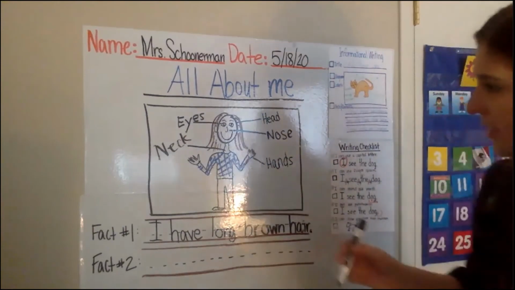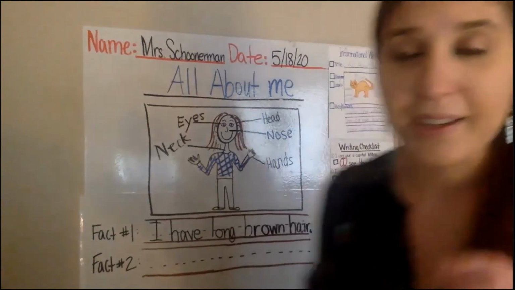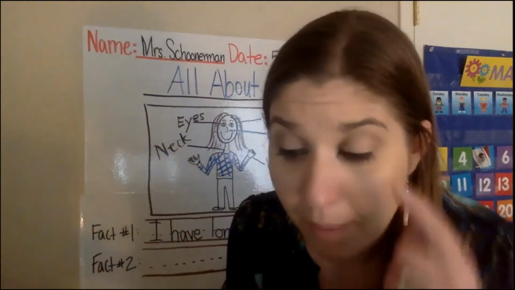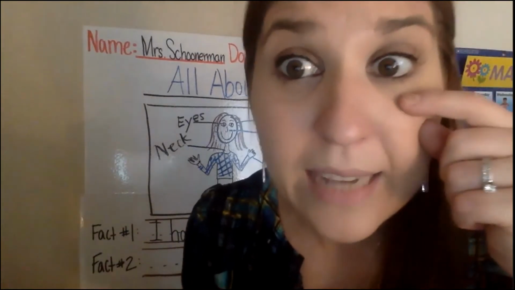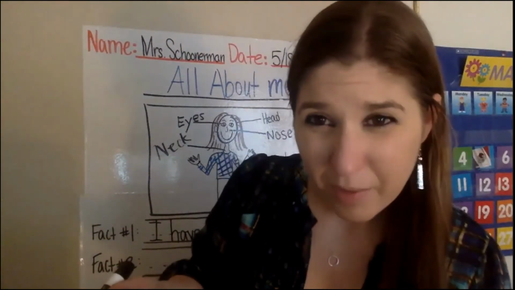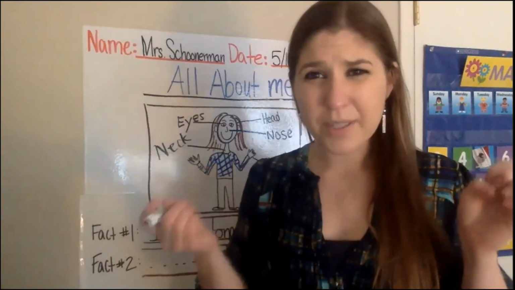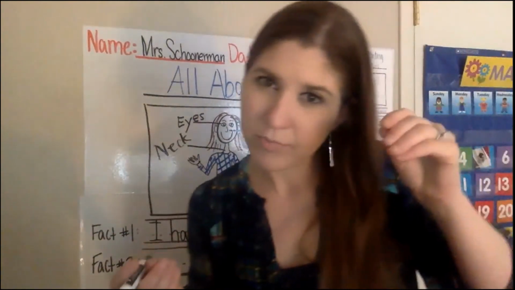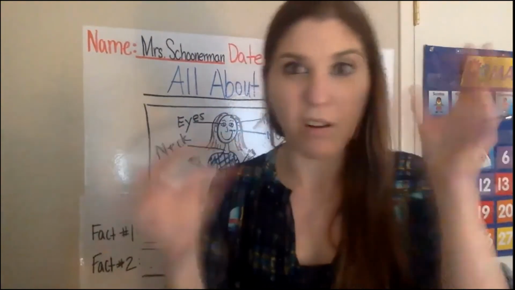Okay, the next sentence, the next fact is that it's about my eyes. My eyes, I have what are called hazel eyes. Hazel eyes. I don't know if you've ever heard of that before, but hazel eyes are when someone's eyes are a little brown and green and gold and kind of all sorts of different colors.